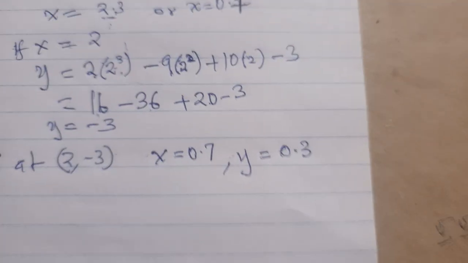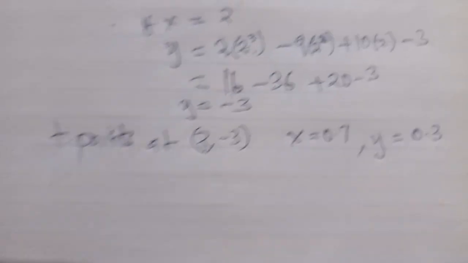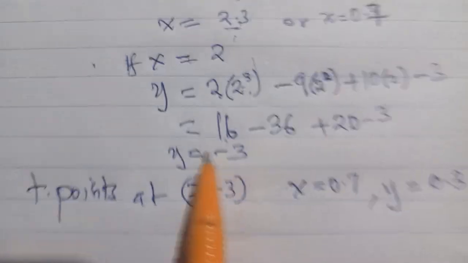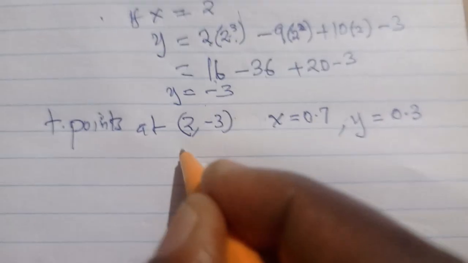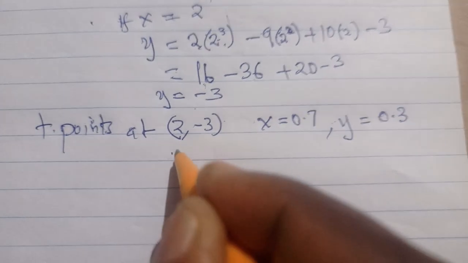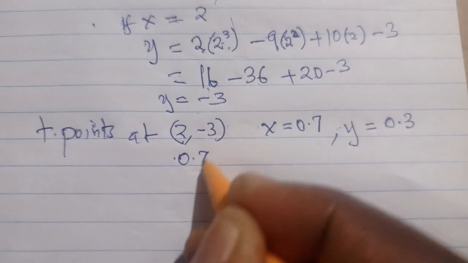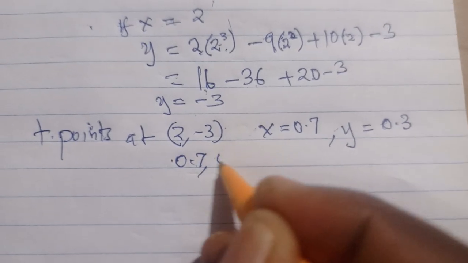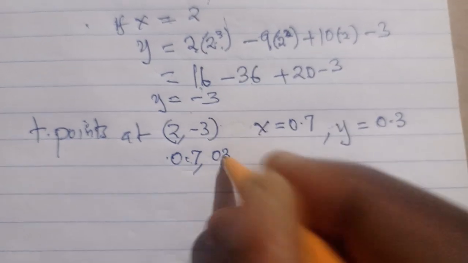So the turning points are at 2, negative 3, and at 0.7, 0.3.